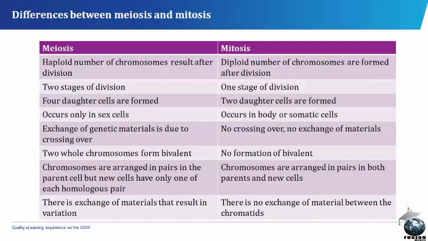Chromosomes are arranged in pairs in the parent cell, but new cells have only one of each homologous pair, and for mitosis, chromosomes are arranged in pairs in both parent and new cells. 8. There is exchange of materials that results in variation in meiosis, but for mitosis, there is no exchange of material between the chromatids.